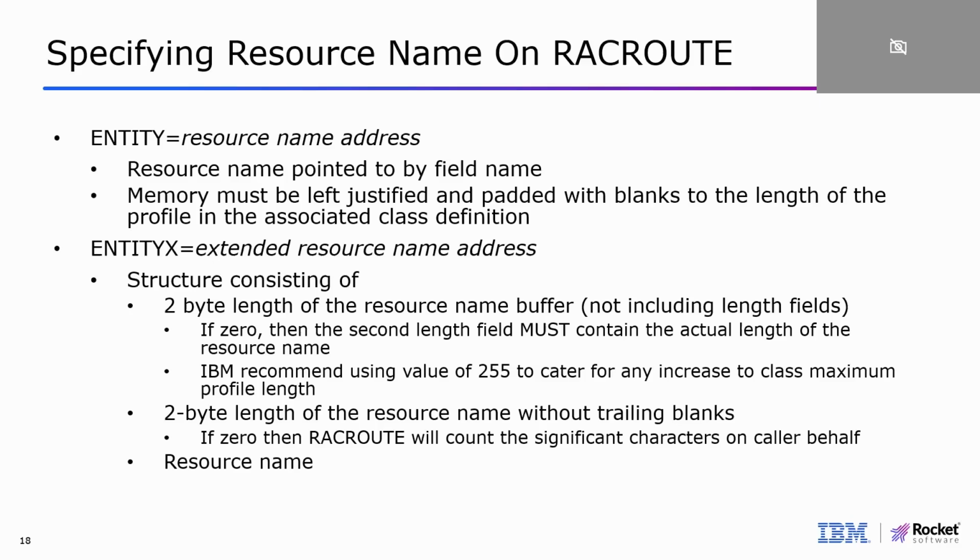And the IBM recommendation here actually is that you specify a length of 255 in the buffer length, and then you can populate the next length field if you want. As I said, 0, RACROUTE will do it for you, followed by the resource name. And that allows you to cater for perhaps any increase in maximum profile length that could happen to the class. And I've been assured by Mark Nelson that has happened at least once. So this is how I would do it now. I would code it this way.